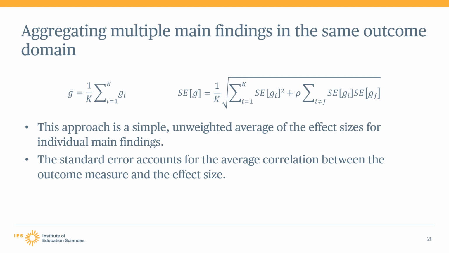This general formula is applicable to any of the effect size and standard error estimators described in Appendix E of the handbook, and so is appropriate for both individual level and cluster level assignment studies.